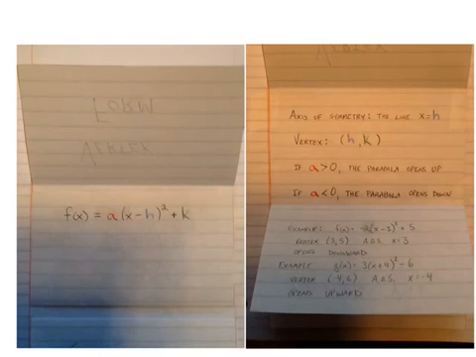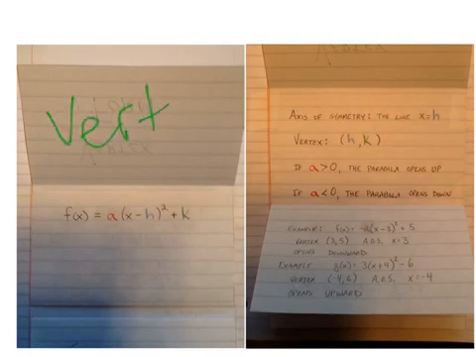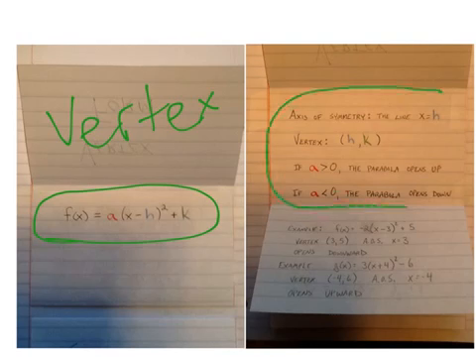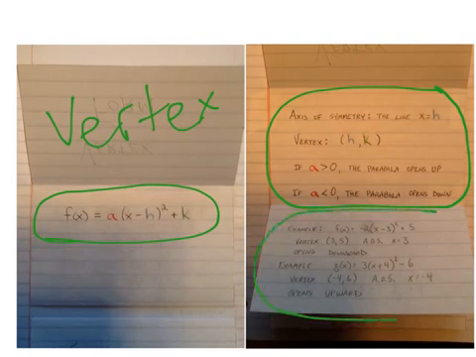If we go to the next screen, when you open up your Standard Form, this is Vertex Form, Vertex. On the first flap you will have the basic formula for vertex, and then on the inside we have key features of the vertex and an example of how that works. I've actually provided you with 2 examples.